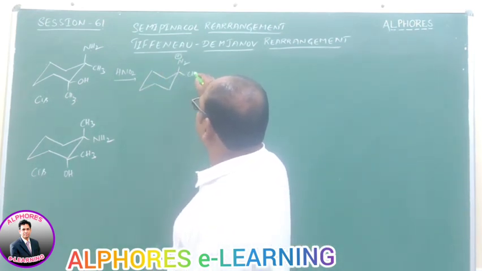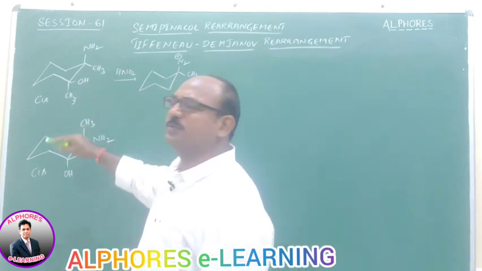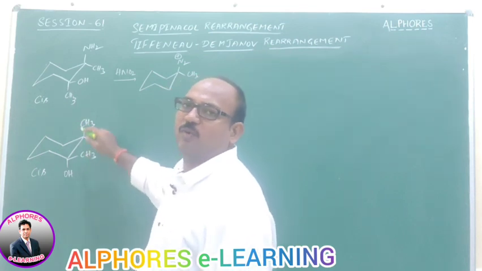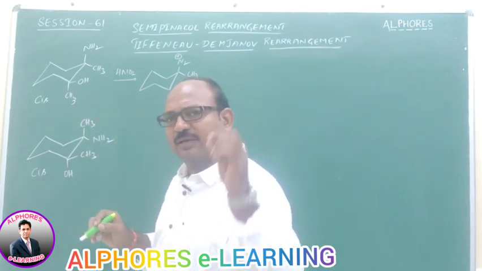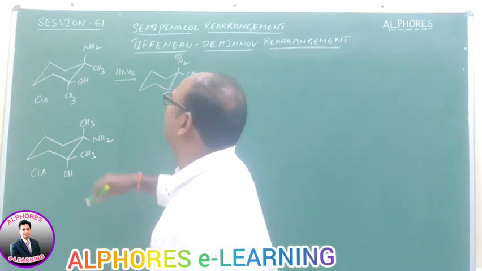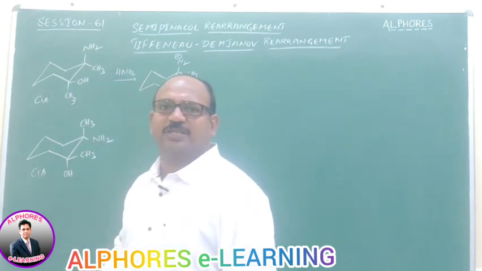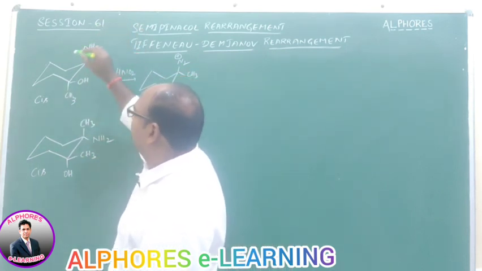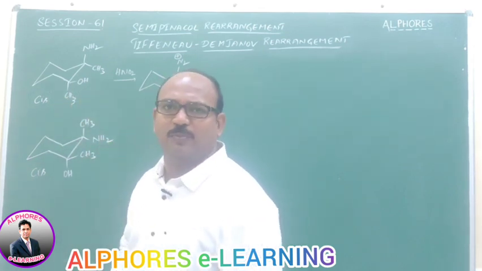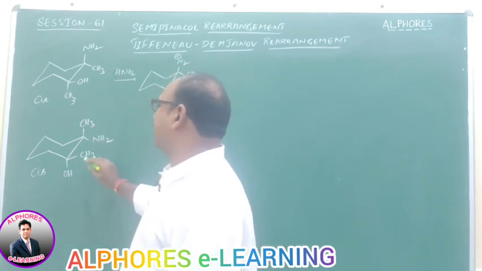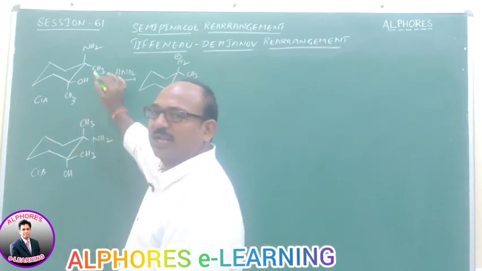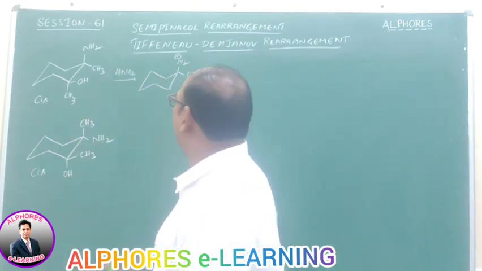The remaining groups are as such. If you observe here, of the two methyl groups, one is equatorial and another is axial. Here also, one is equatorial and another is axial. But the difference arises with respect to NH2. Here NH2 is in the axial position, with a methyl group in an axial position, and here NH2 is in the equatorial position, with a methyl group in an equatorial position. It looks the same, but let us see how the mechanism proceeds.